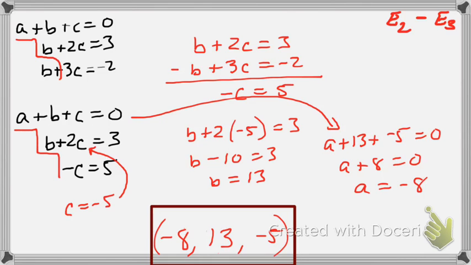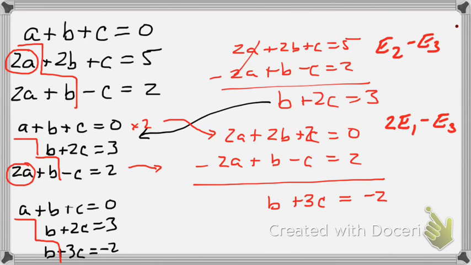Okay, so I'm going to repeat the key points here. In the first step, we're trying to eliminate that 2a that's circled. You must use the second equation. You have a choice of using the first or the third. In the second step, you have to use the first and third equations. You do not have a choice.